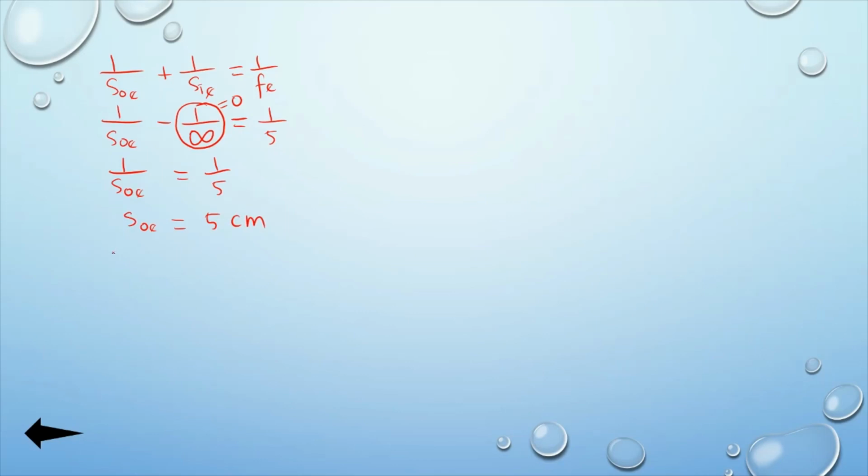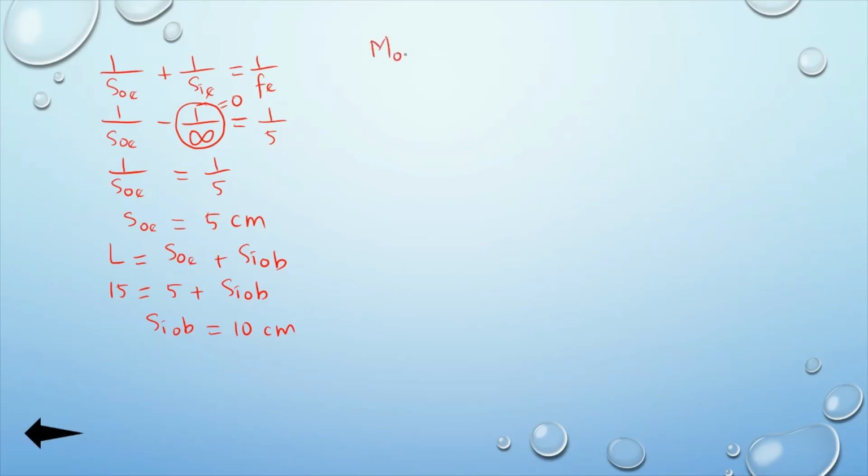Now let's use the equation of the length of the microscope. L equals SOE plus SIOB. The length of the microscope is 15 centimeters, equals 5 plus SIOB. So we get SIOB equals 10 centimeters. Now we will use the equation of the linear magnification of the objective lens.